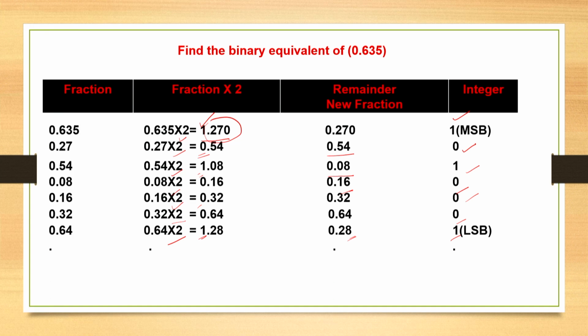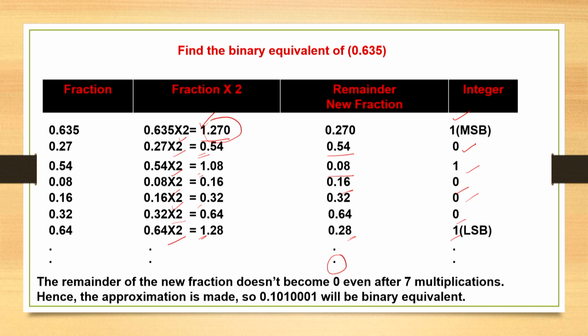This process repeats because we did not get the 0 over here, but we have to stop somewhere. So, we take the approximation. Approximation means here we have taken only these 7 multiplications for getting the binary representation of decimal 0.635.